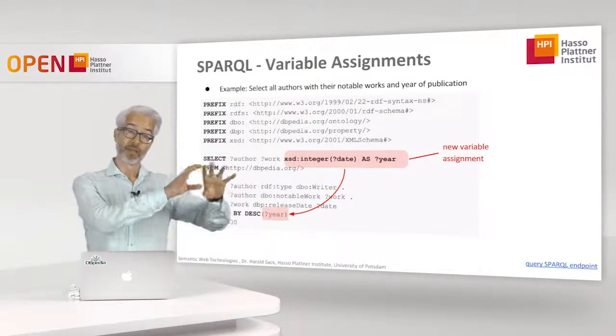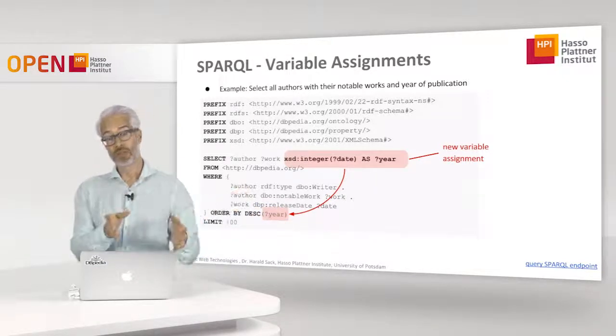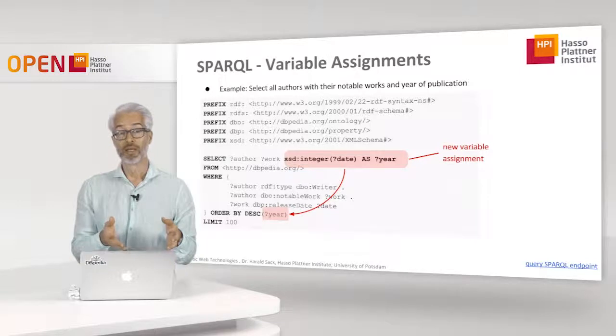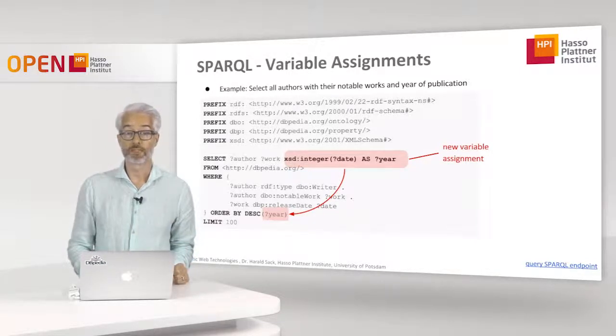We say something which is transformed here should be regarded as a new variable which has the name year. And then you see it here in the end of the query. We want to order the results in descending order according to this new variable year. So SPARQL enables you the definition of new variables, of the assignment of new variables, here among your output variables, for example.